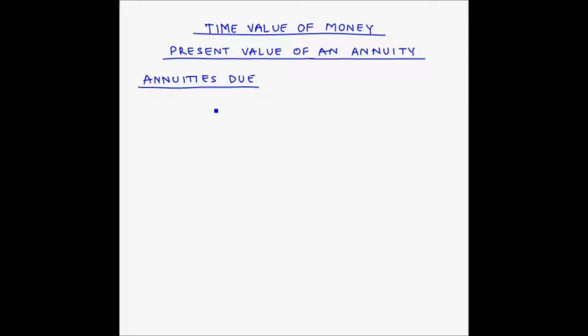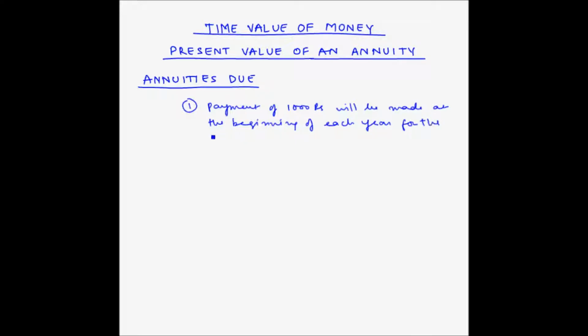So in the lottery example, let's say the first option now is that a payment of 1,000 rupees will be made at the beginning of each year for the next 3 years.